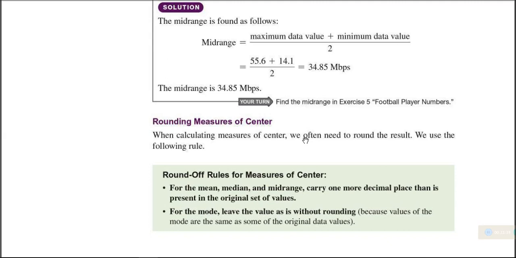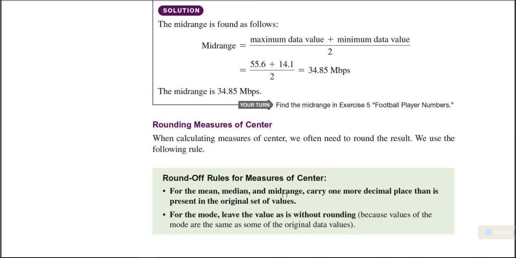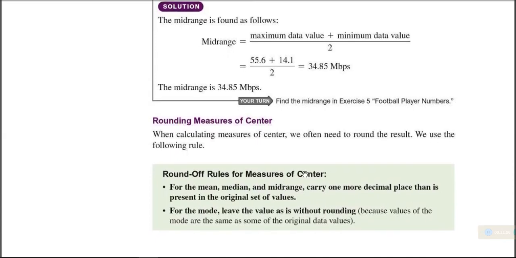And sa mid-range, ganun din. Kung meron kang, katulad nito, to the nearest tenths lang. 55.6, one decimal place after the period. Pero pagdating din sa final answer, meron kang two decimal places, 85. So, remember, when you are rounding off values, pag magpe-present ka ng numbers for the measures of center, magdagdag ka ng isang decimal place for the mean, median, and mid-range.